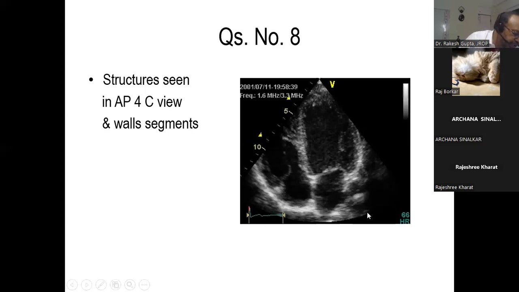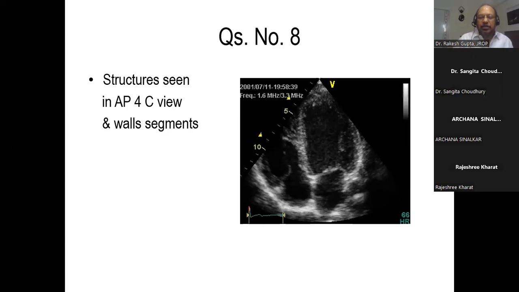Now, next question goes to Dr. Sangeeta Chaudhary. Sangeeta, are you there? Yes, sir. Good. Sangeeta, suppose I say this is aorta. How will you say that this is aorta? Which one, sir? This lower one. This structure is aorta. How can you confirm that this is aorta? With color flow mapping. Color flow will be seen in this.